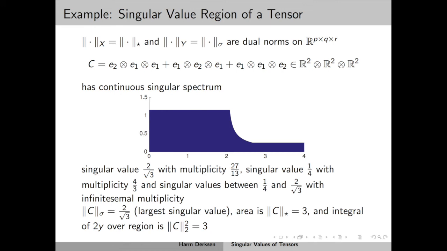So this picture tells you all the norms of the tensor, and it tells you how well you can approximate this particular tensor with tensors of a given nuclear norm. So maybe I'll end here. Thank you.